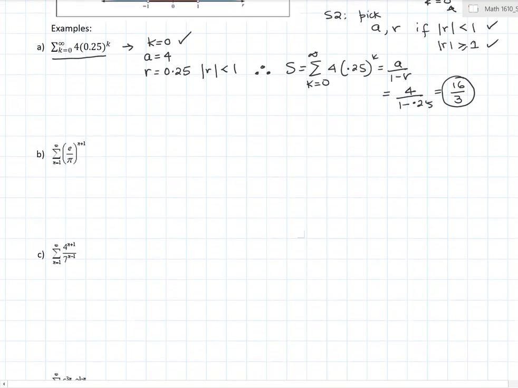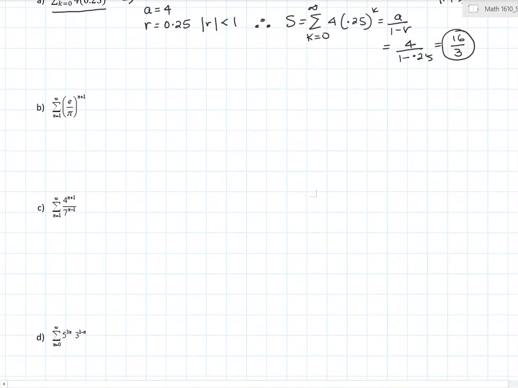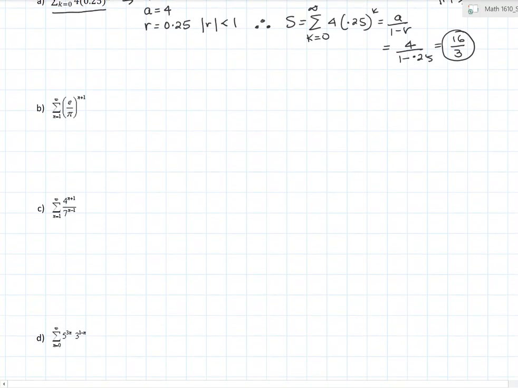Now obviously sometimes we have to do a little bit of work. So let's look at the next one. Now this is saying summation n starting from 1 to infinity of e over pi raised to the power n plus 1.